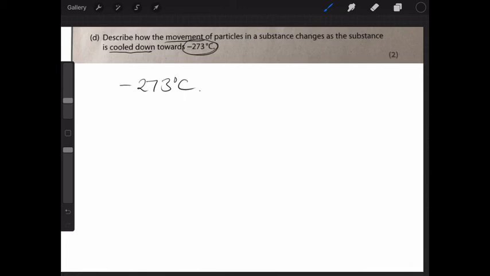Therefore, we are reaching a point at which the particles will have no kinetic energy store at all. Minus 273 degrees is absolute zero. 0 Kelvin. So that's what this question is really testing. Do you understand what happens to the movement of particles at absolute zero?